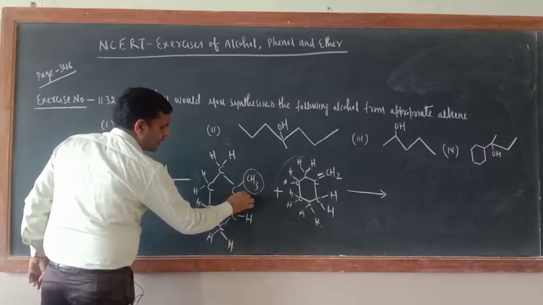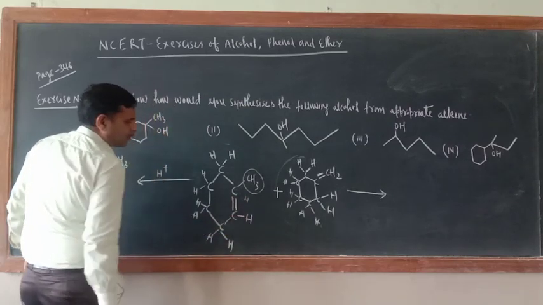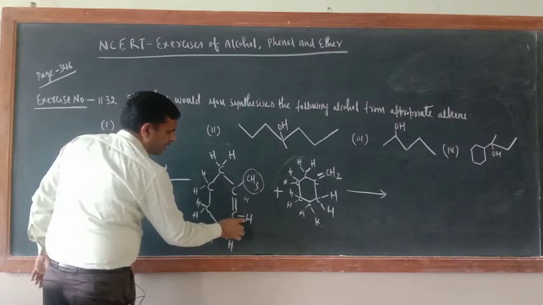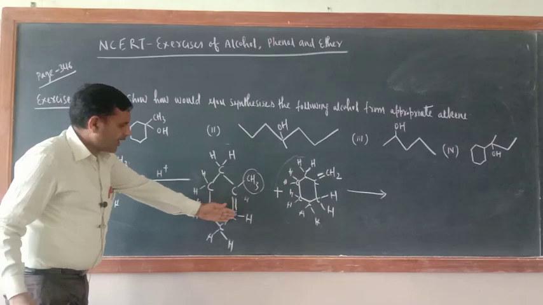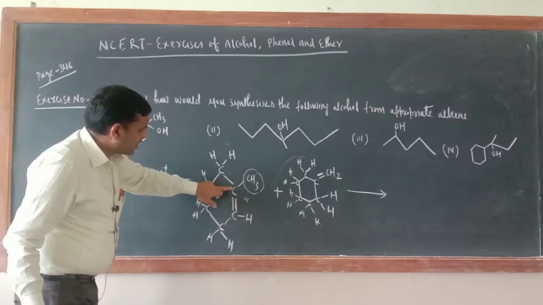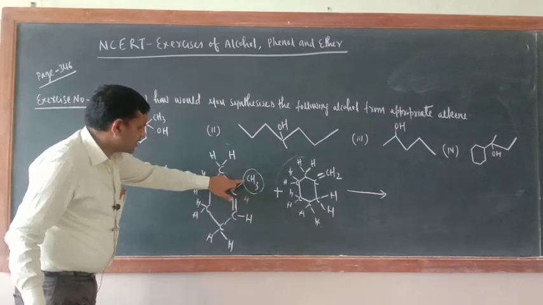Now suppose you are adding here, then what kind of carbocation will be generated? 2 degree only. The positive sign will come here. So now here you are free, you can add here, you can add here, there is no problem at all. Actually this is 3 degree. What is this one? 3 degree carbocation. See this side.